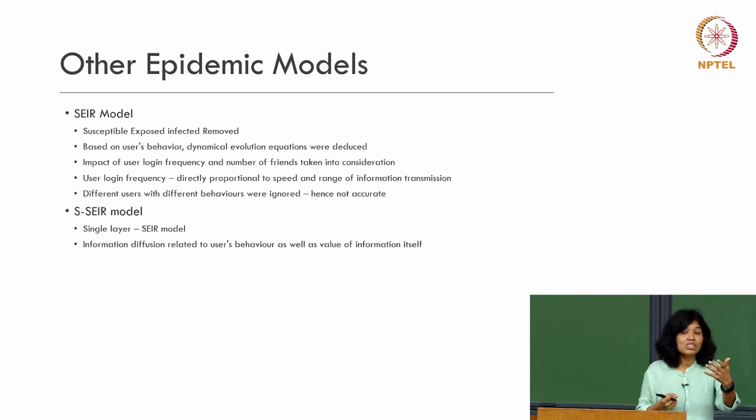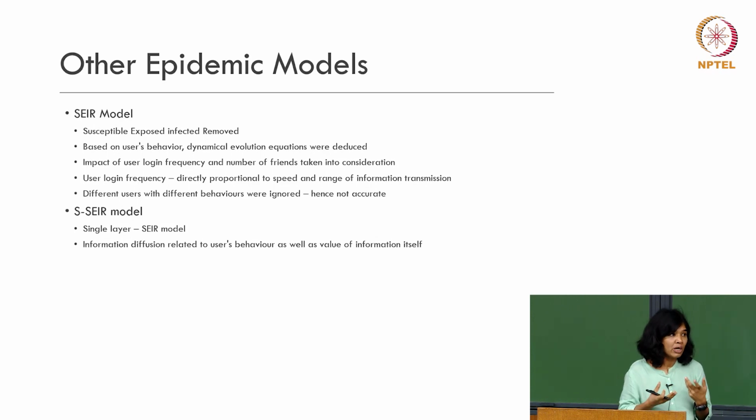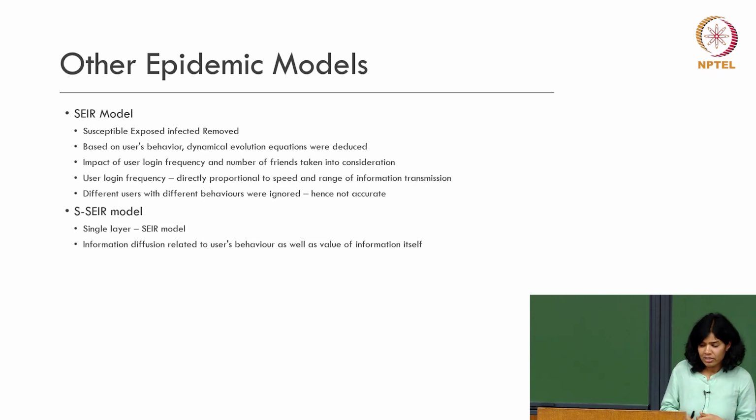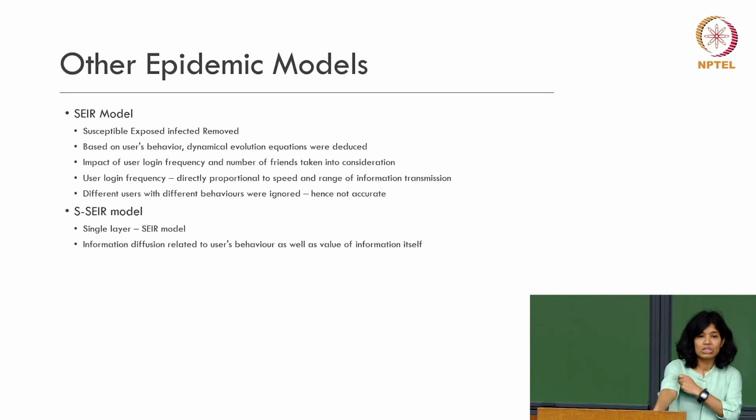In disease, you don't have an option. You value it or not, you will anyway get infected. But for information to infect you, it has to have some value for you. So that's where these authors introduced the value of the information when you get infected. That's another modification these people proposed.